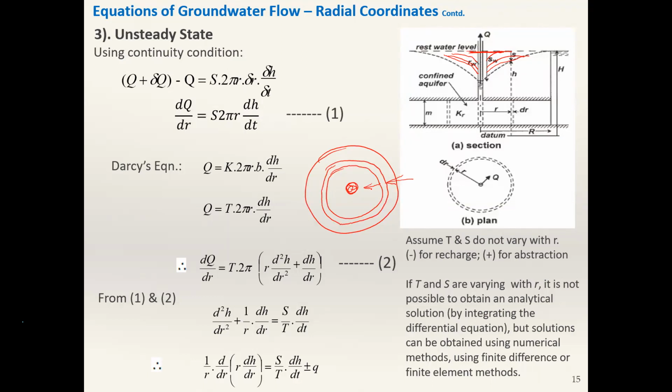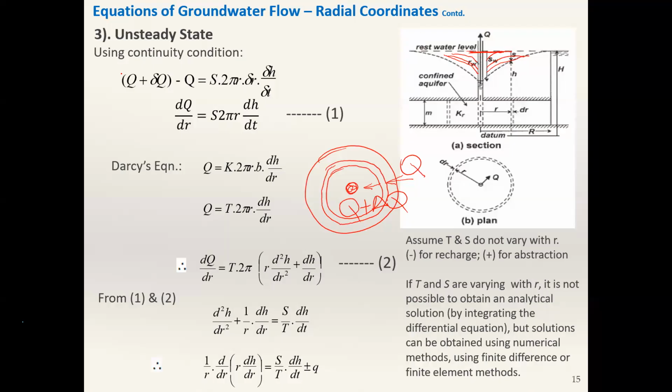But now we are talking about unsteady flow. So the piezometric head, or the water level, is still changing. Why is it changing? It is because the Q that comes to here and the Q that is going out from this one are different. That is why the water level is still decreasing. So we use that logic here.